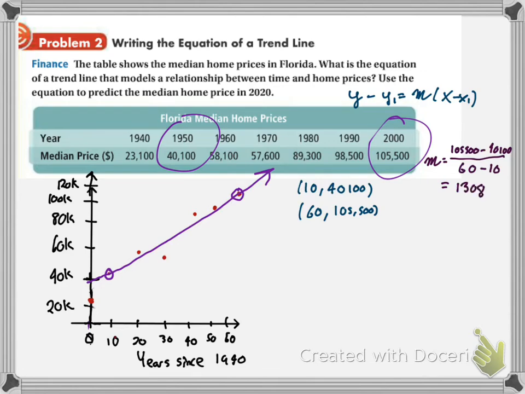From here, I'm going to plug it in. I'm going to pick this coordinate. Again, doesn't matter which one you pick. Minus my x coordinate. From here, working in section 2.5 and making trend lines, I'm going to want to have it in slope-intercept form because from there we can interpret it a little bit better to see what this equation is really telling us. So again, I can do that in 2 steps.